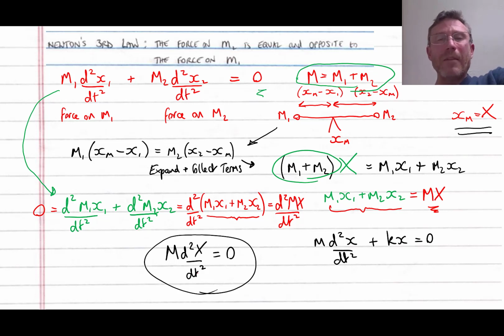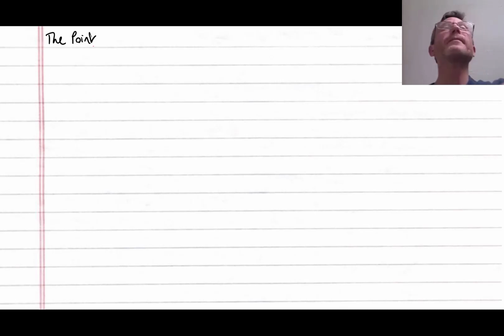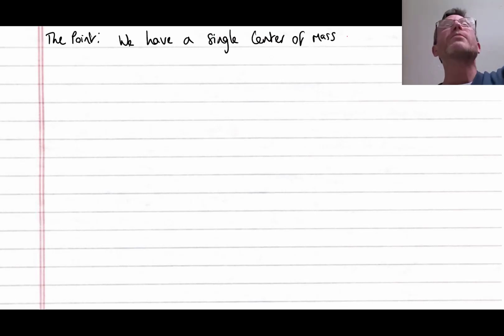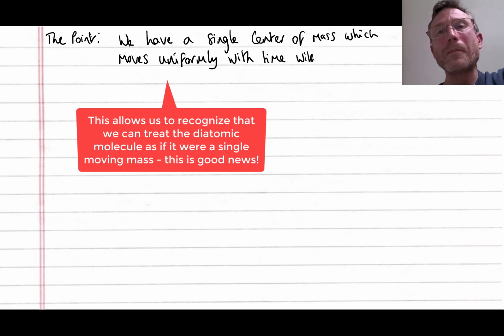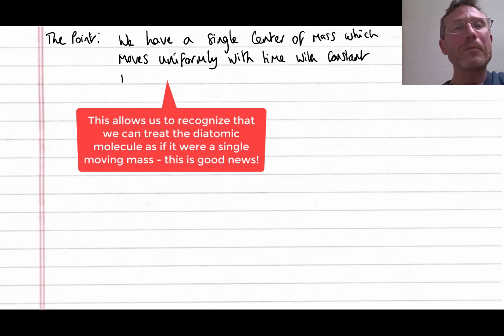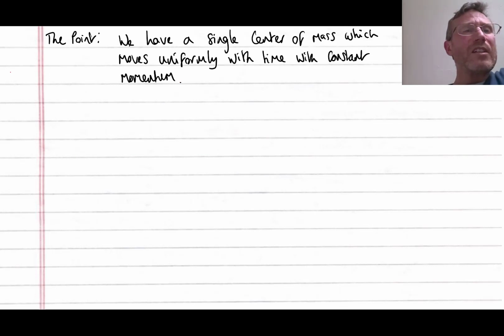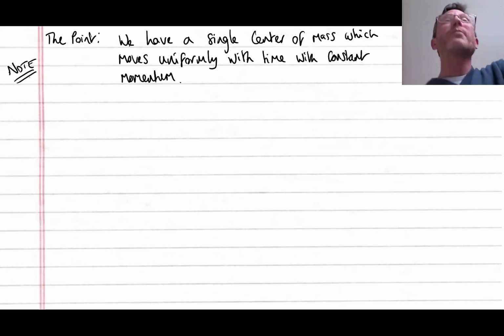So let me state the point in the next slide. So the point: we have a single center of mass which moves uniformly with time with constant momentum. What else? So really, these are points to take note of, so I'll just say note in here in the column on the side.